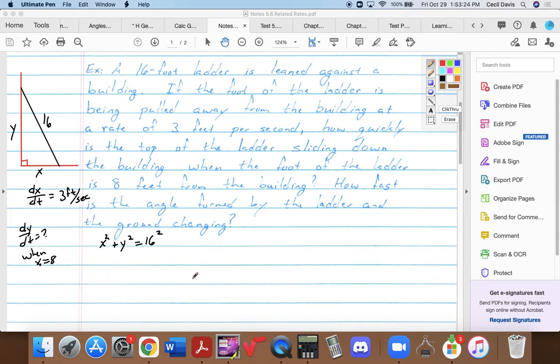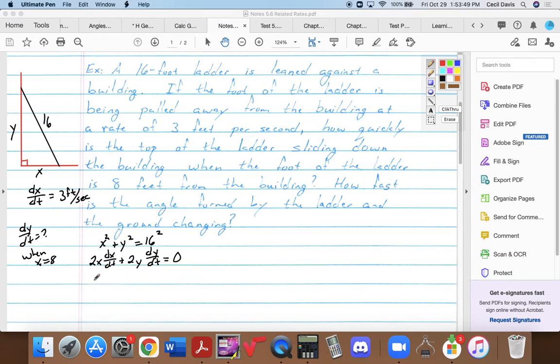And what we'll do is we'll just take the derivative of this with respect to time. So that'll be 2x dx/dt plus 2y dy/dt equals, be careful here, 0. 16 squared is just a constant.